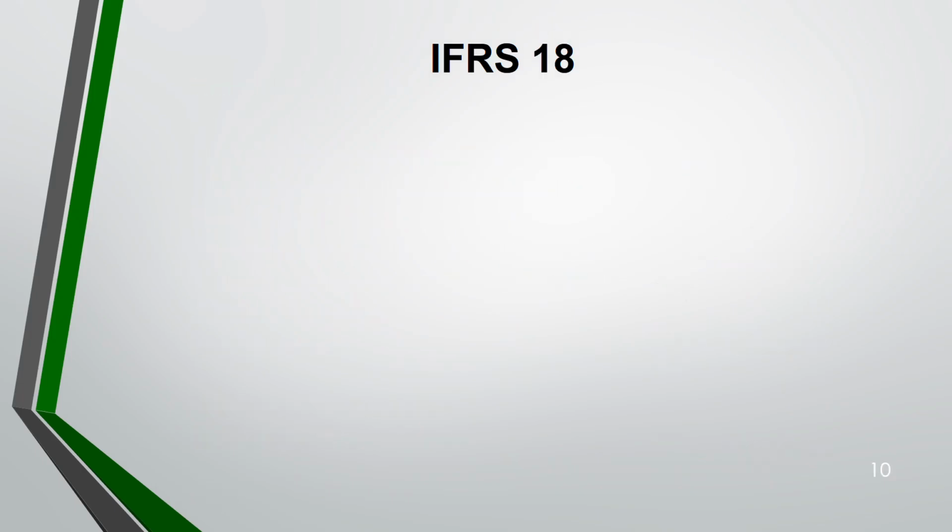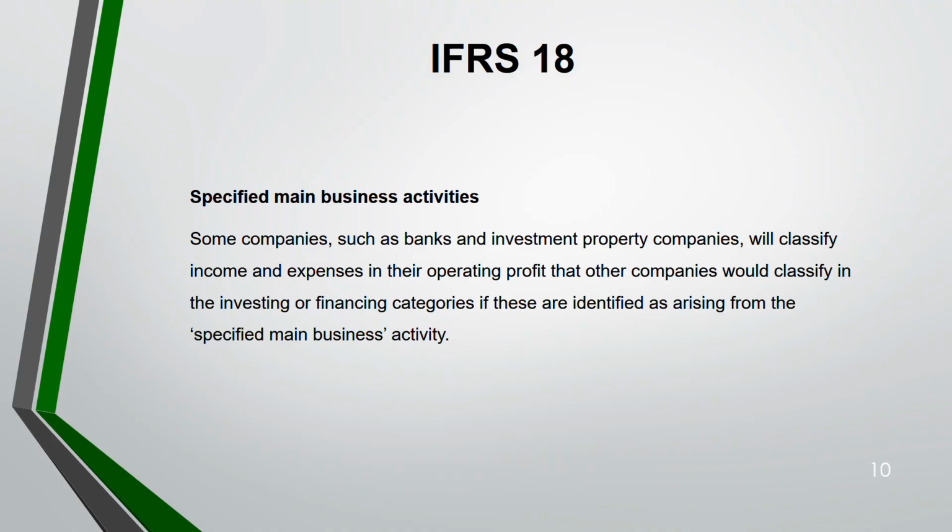Now, specified main business activity. Some companies such as banks and investment property companies will classify their income and expense in their operating category that other companies would classify in investing or financing. Because for a bank, their main business activities are lending and borrowing to others. That is their main business activity.